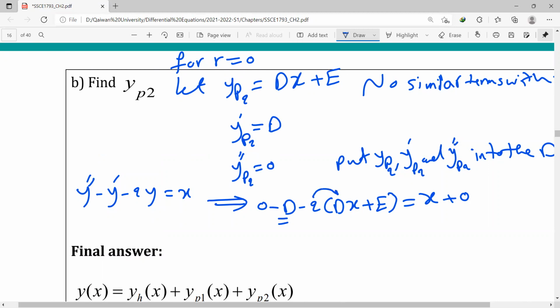First, let's introduce negative 2 into the bracket. We get minus d minus 2e minus 2dx. Here, these two are constants, and this is the coefficient of x. It equals x.